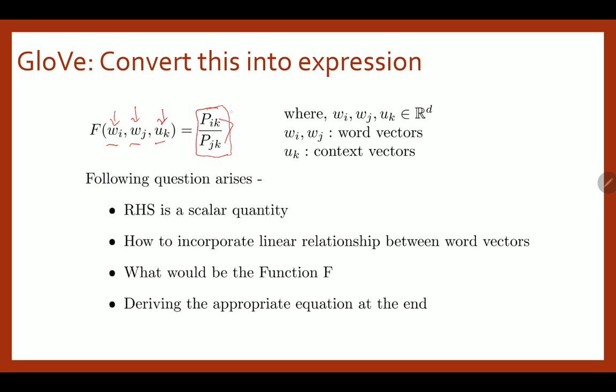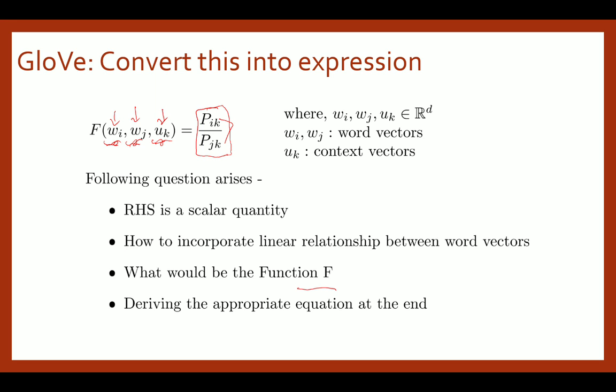So now let's look into this expression and ask a few questions. First of all, the right hand side is a scalar quantity. So the question is that we have to find a function f which will operate on these vectors and give us the scalar quantity. And we also want these vectors to have this linear relationship.